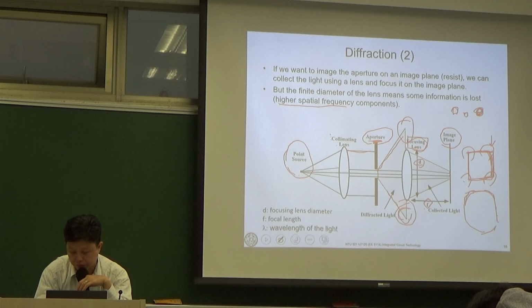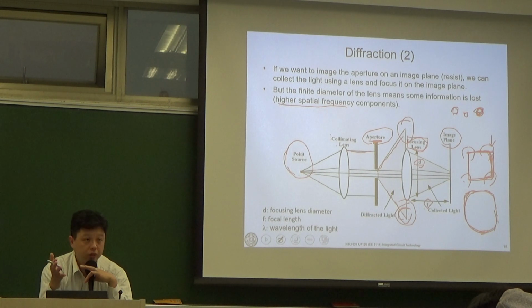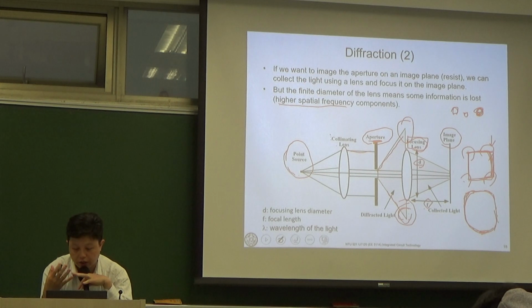They can calculate this, using some commercial software. So back to this, we can redesign the patterns in order to compensate for this higher spatial frequency loss. So maybe in the mask we can design like this.